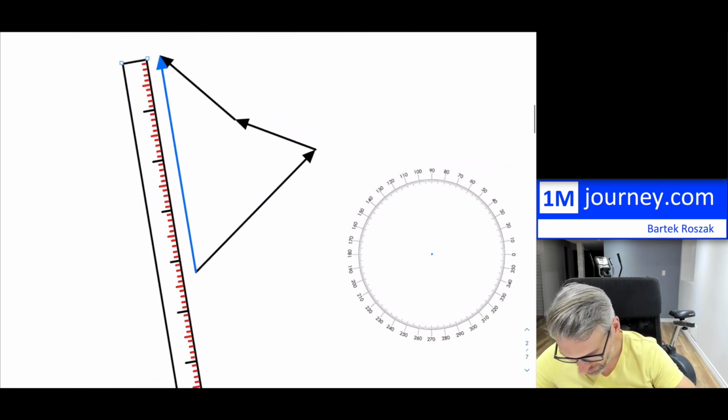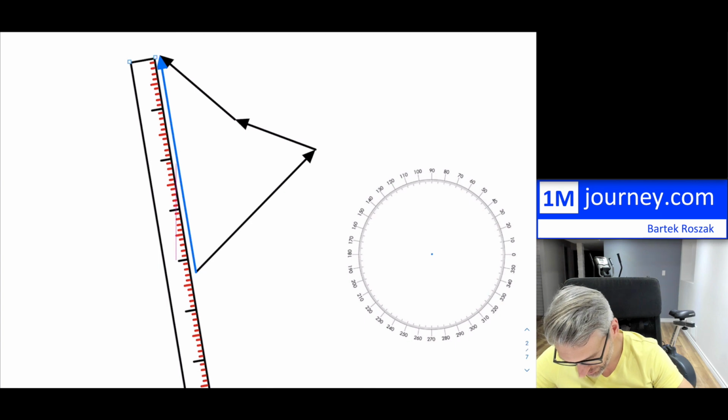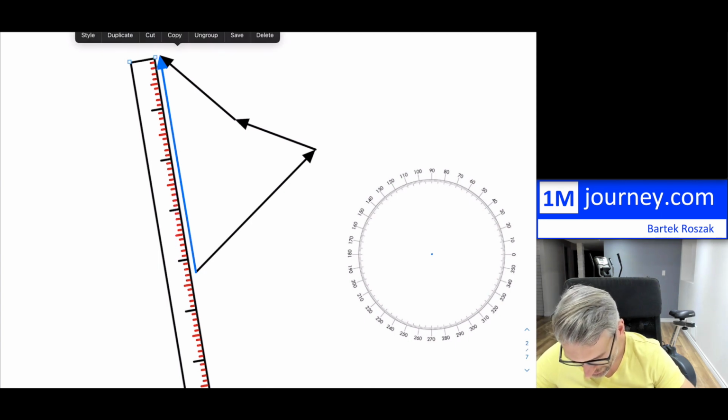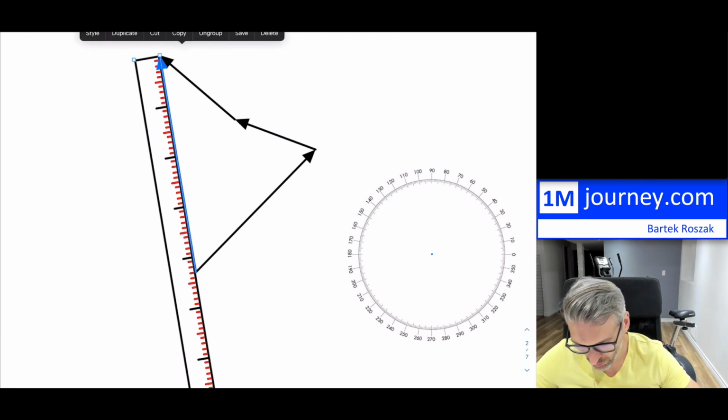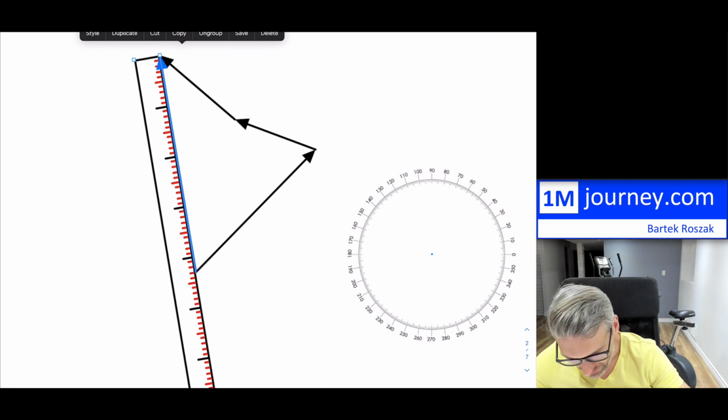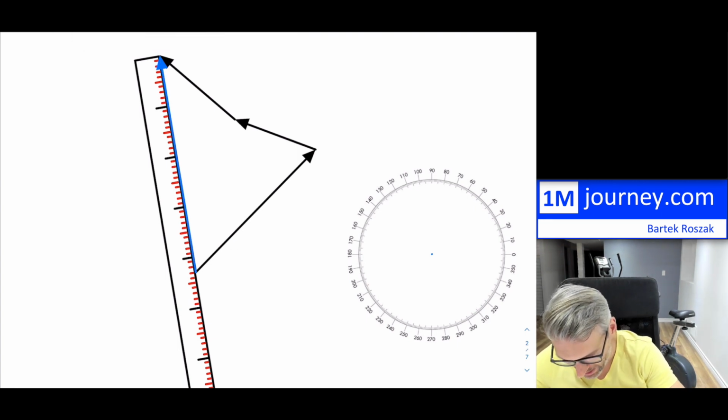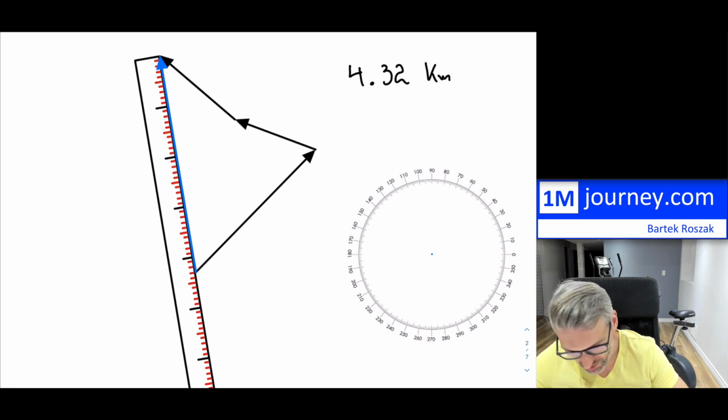So there you go. How long is this vector? Now I can find that out. I can count this up: this vector is 1, 2, 3, 4, and then notice 1, 2, 3, it's a little bit over there. So you're obviously going to be guessing, a little bit over 3, so maybe 3.1 or 3.2 there, and this would have been kilometers because it's in centimeters.